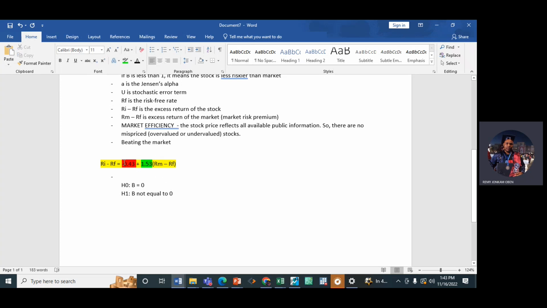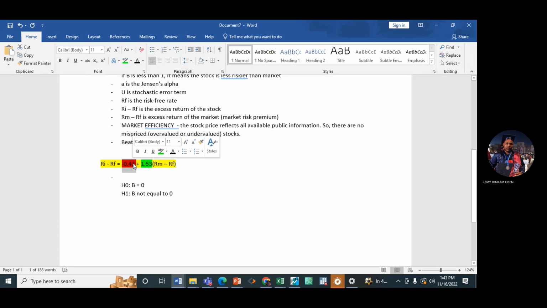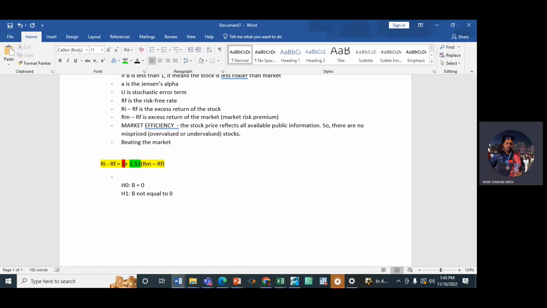But then how do we check if it is undervalued or overvalued? We then check the mathematical value of the alpha. If the alpha is positive, after we have decided that it is significant, let's assume it is 5, a positive value, it means there is an undervaluation. The stock is undervalued. Why? Because this is the CAPM valuation.